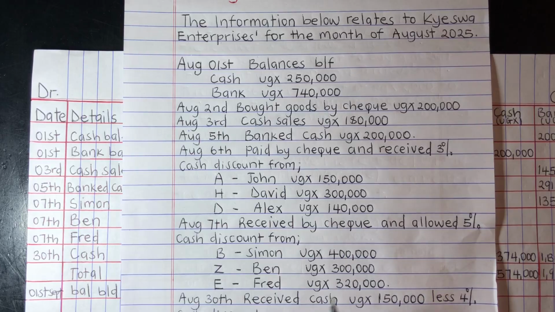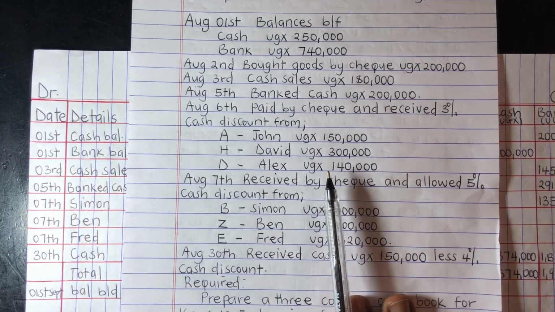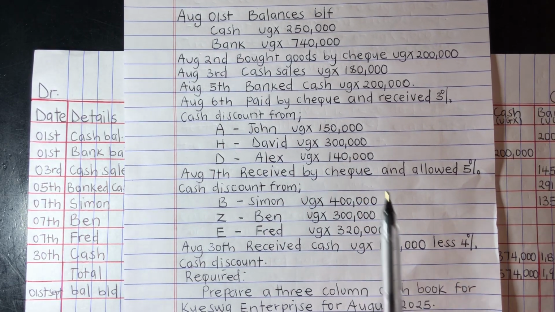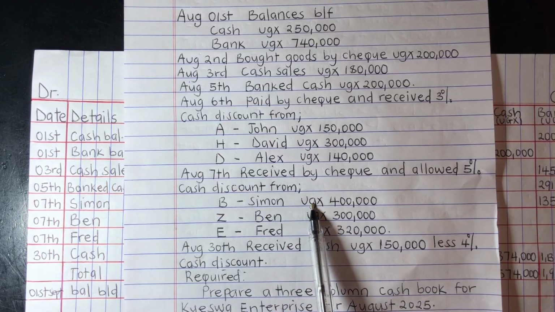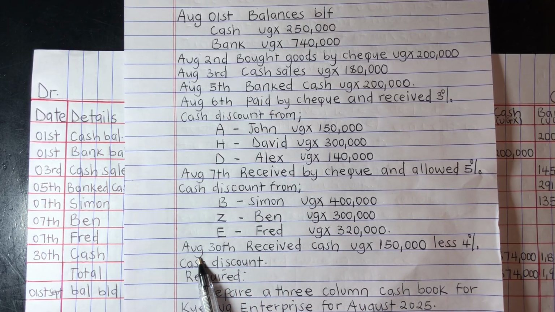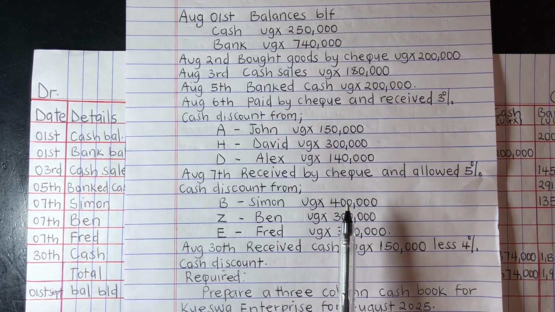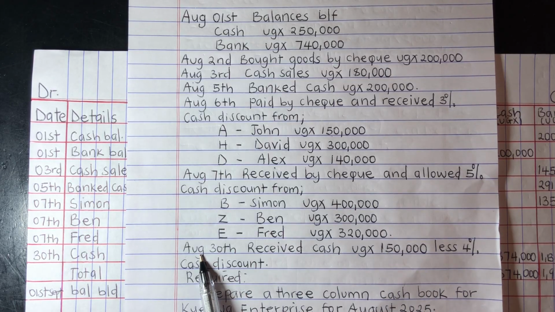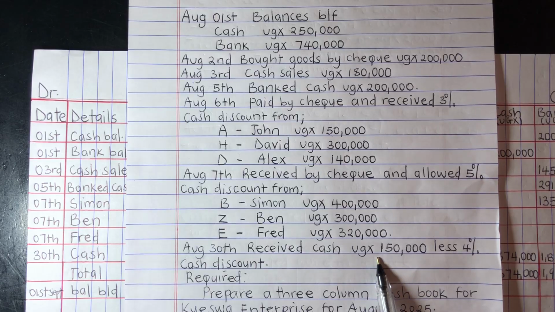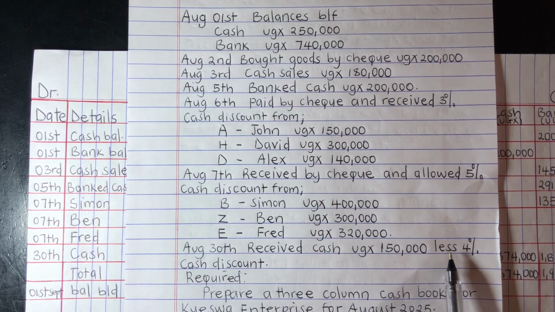Okay, then on our last transaction, we're done recording all these ones. So we go on, we apply here. August 30th received cash 150,000 less 4% cash discount.